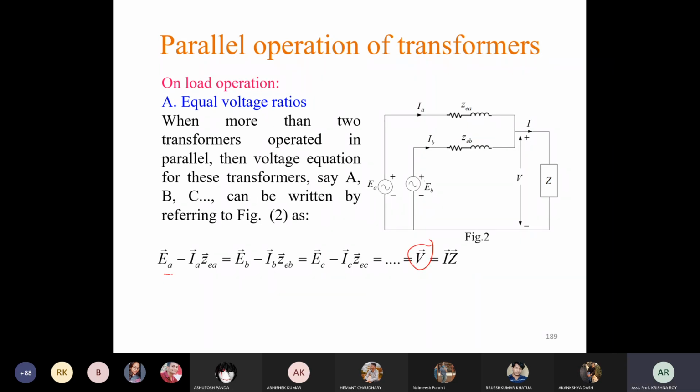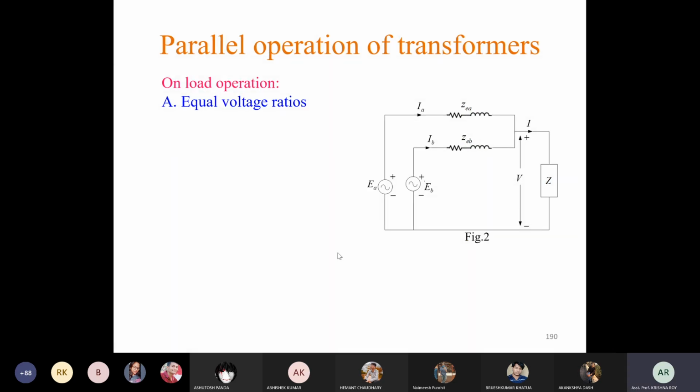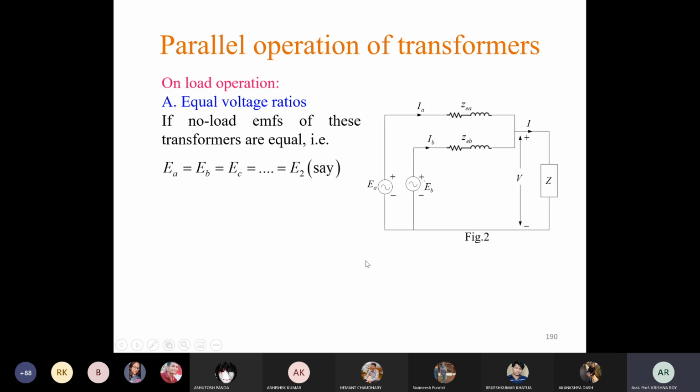So all these will give you the terminal voltage V. Okay, so this is the terminal voltage of transformer A, this is the terminal voltage of transformer B, in this way up to nth transformer, and that is equal to V, which is the voltage that appears across the load impedance Z, so I into Z. Now if all the secondary induced EMFs at no load are equal, that is EA equals to EB equals to EC, as per our assumption of equal voltage ratio, this is true.